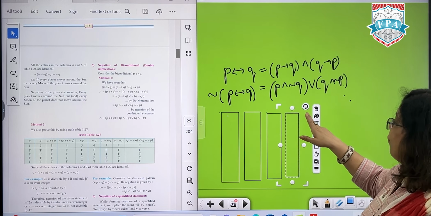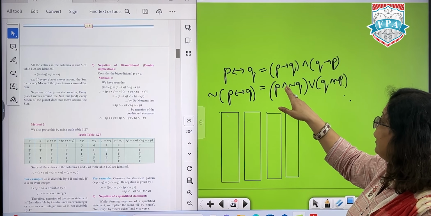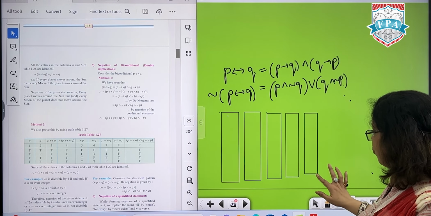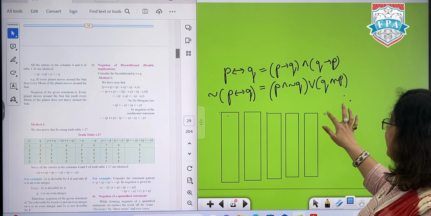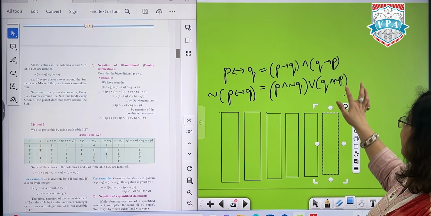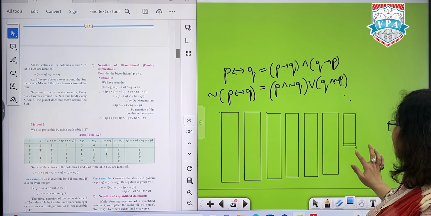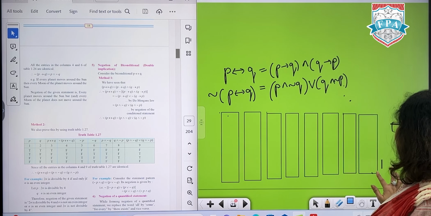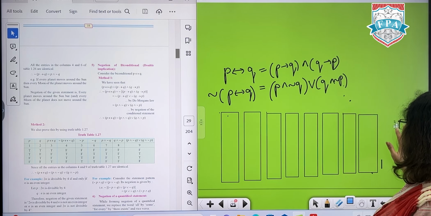Then we'll be moving to the right hand side part. So we have P and negation of Q. We'll go with one column which is negation of Q, P and negation of Q, negation of P, P, Q and negation of P, and your final statement.